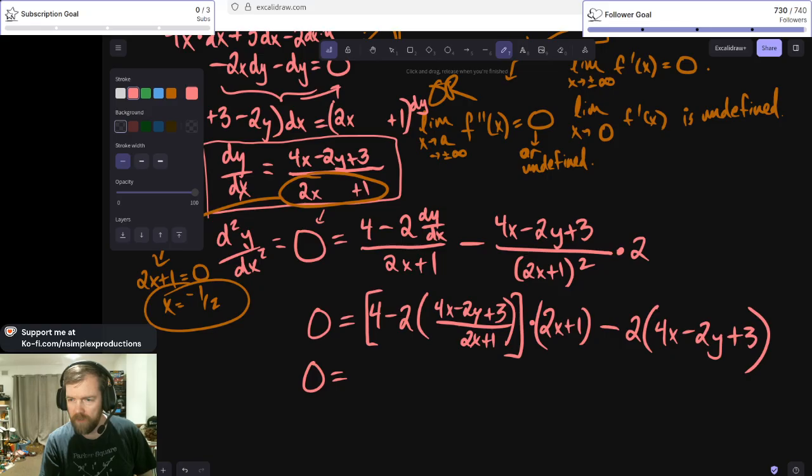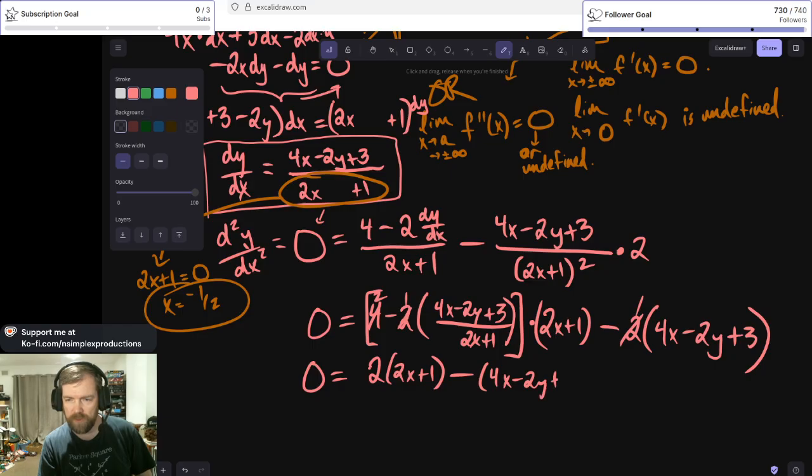Zero equals. We can get rid of the 2 that's here with the 2 that's here and the 4 that's here to a 2, which now makes a 2 times (2x plus 1 minus that 2x minus 1 and the 1 in the bottom go away). So now this is just 4x minus 2y plus 3 inside parentheses. Minus 4x plus 2y minus 3.